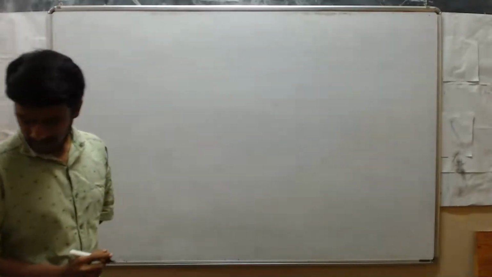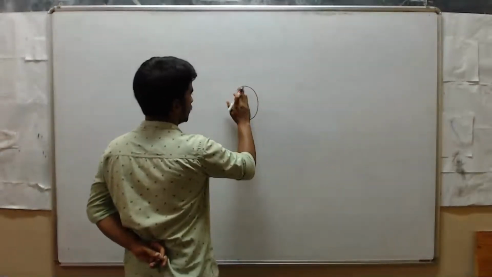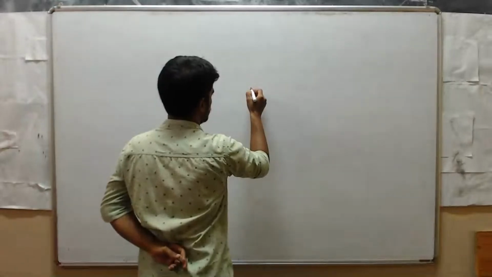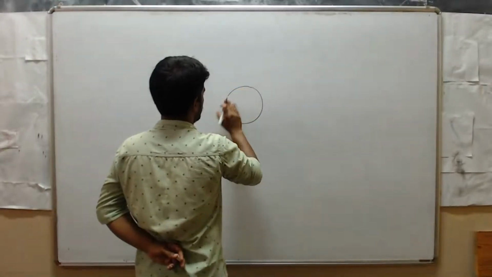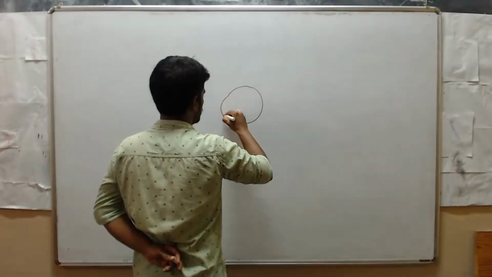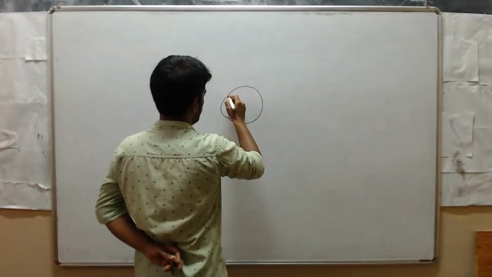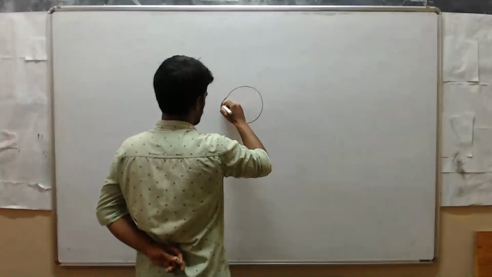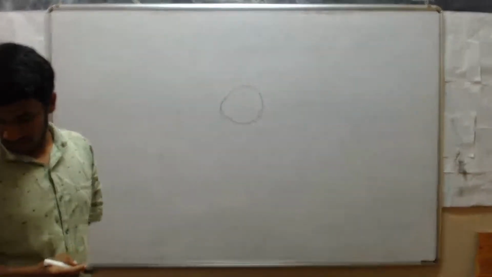For example, just imagine this is our eye. In our eye there is one lens, and that lens is a convex lens.